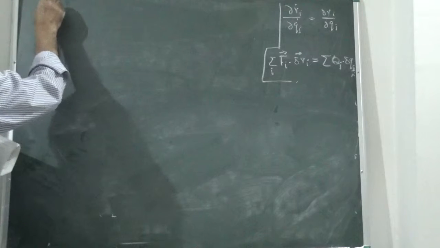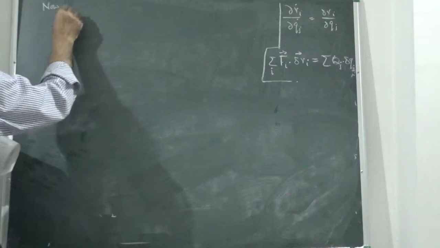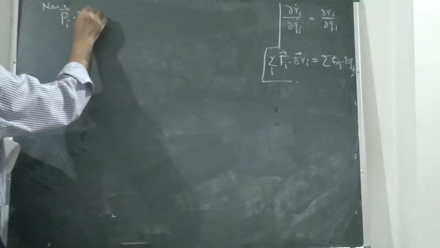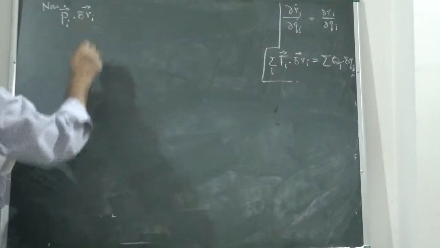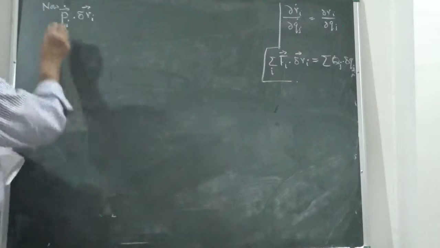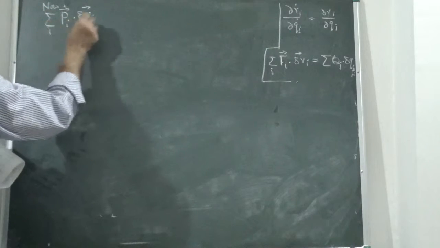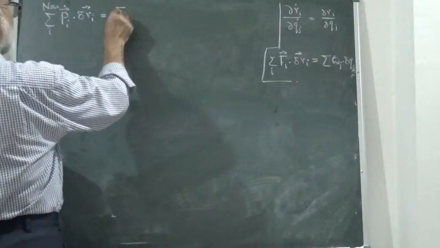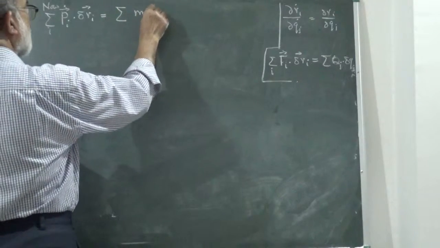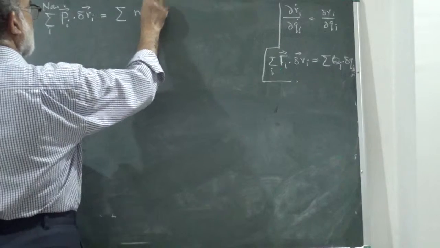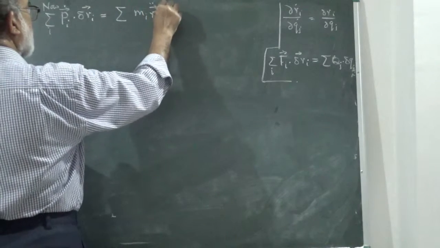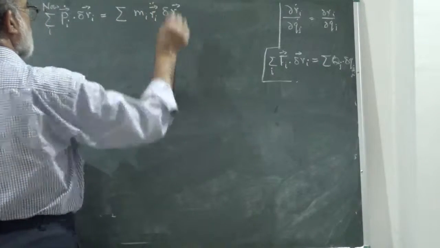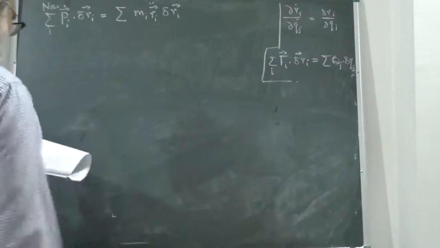Pi dot means Mi Ri double dot, times delta Ri.